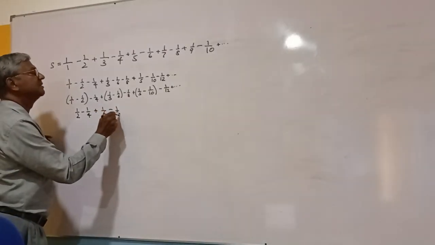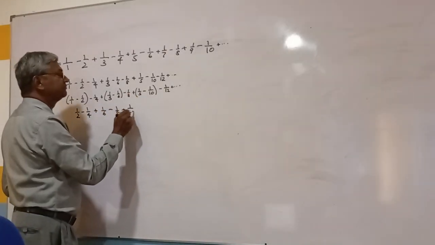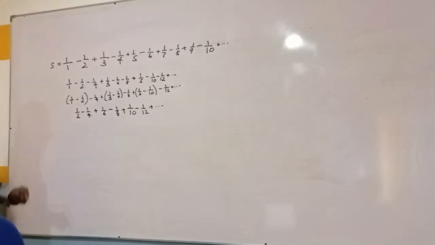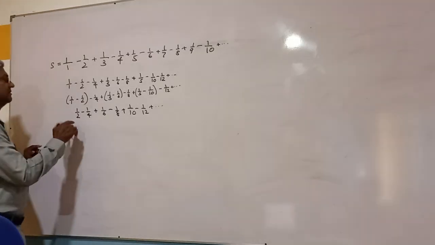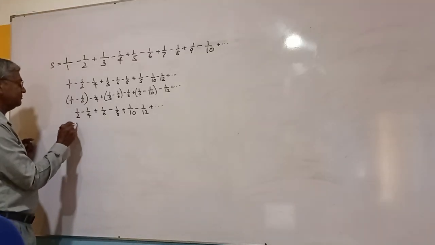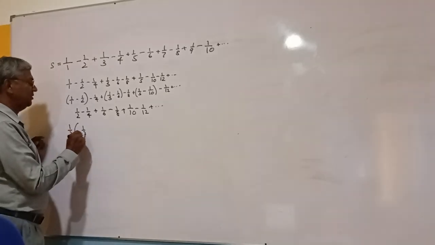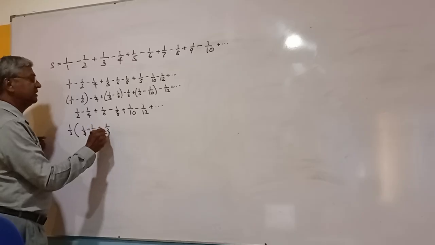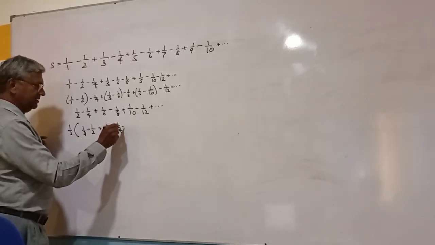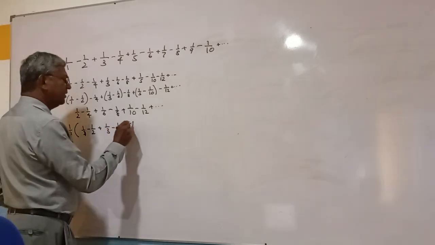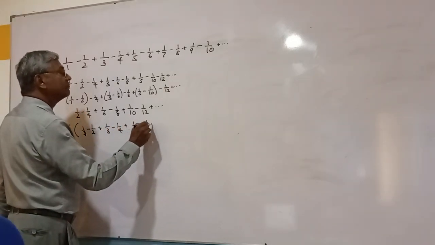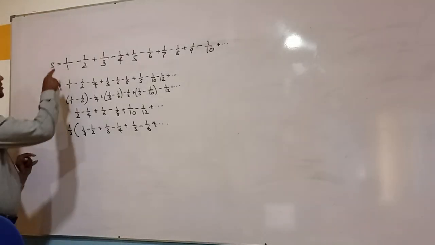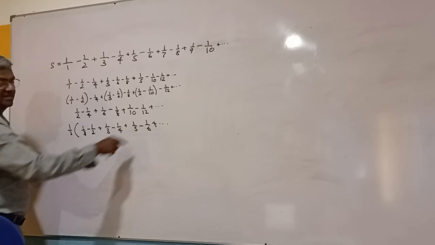Minus 1 over 8. Then 1 over 10 minus 1 over 12. Like this. Right? I take 1 half out: 1 over 1 minus 1 over 2, plus 1 over 3 minus 1 over 4, plus 1 over 5 minus 1 over 6. Right? So if this is S, this is S over 2.